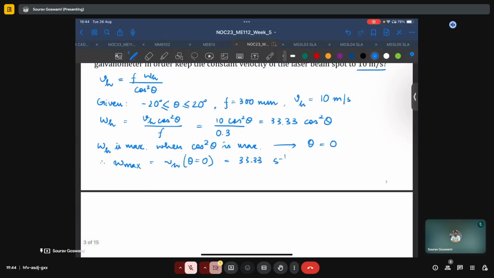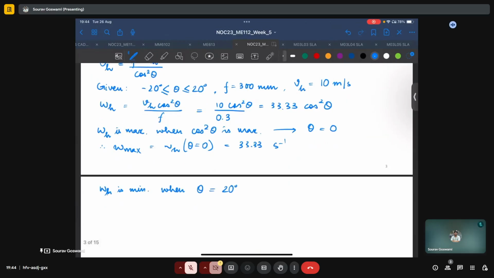Thus, the minimum velocity for the given range of theta can be expected at the extreme value, either minus 20 or plus 20 degrees, because we are working with a cos square term. So omega h is minimum when theta is equal to, I am using plus 20 degrees, but the result will be the same even at minus 20 degrees.